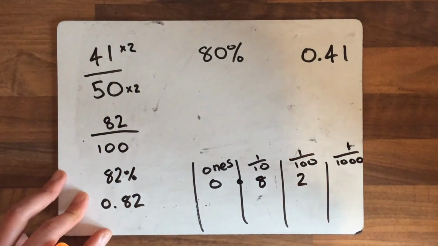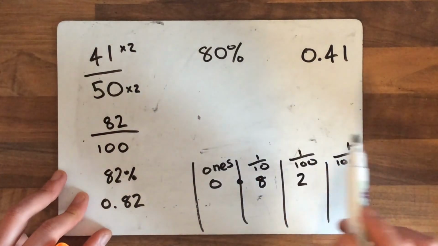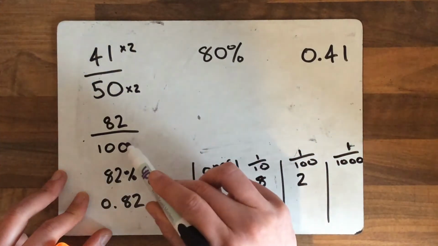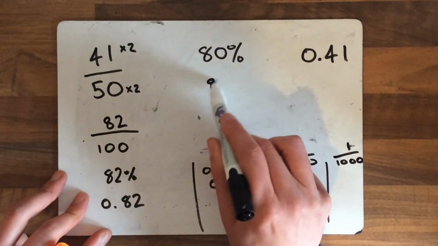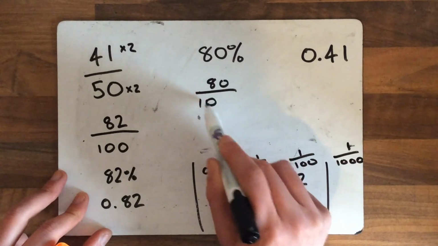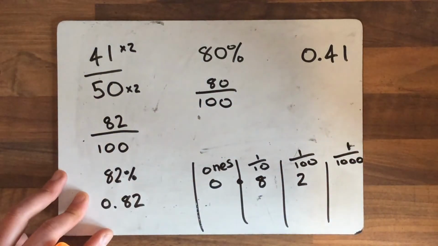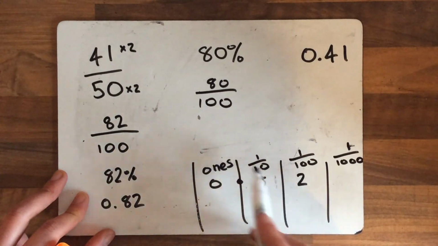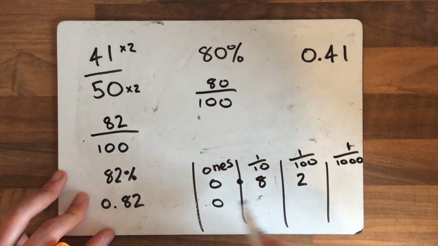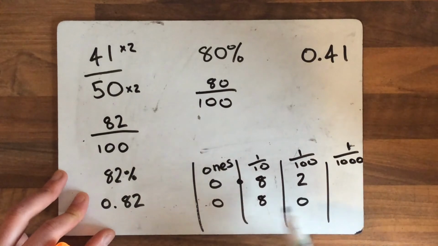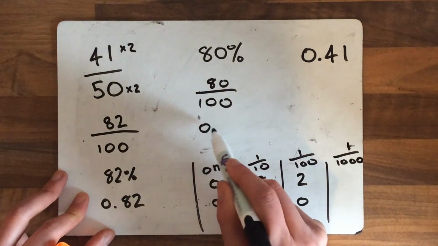If I was to convert this percentage into a fraction, it would be 80 over 100. If I was to then put that into a decimal, it would be 0.80. Remember that 0 doesn't need to be there.